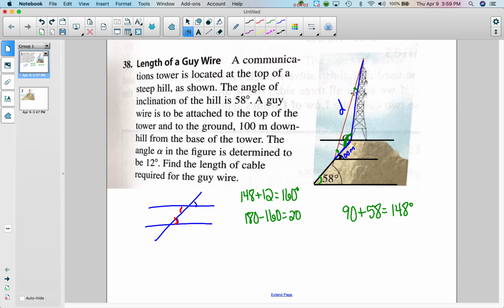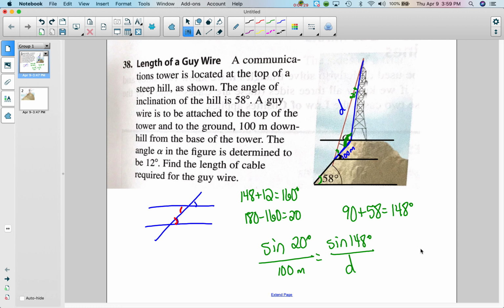So this one up here is 20 degrees. And now you have the pieces you need from this triangle. So we have sine of 20 over the opposite side, the 100 that they gave us, equals sine 148, the angle we found, over the opposite side, the guy wire, which is what we're trying to find, D. So I guess I pretty much did do the whole thing for you.